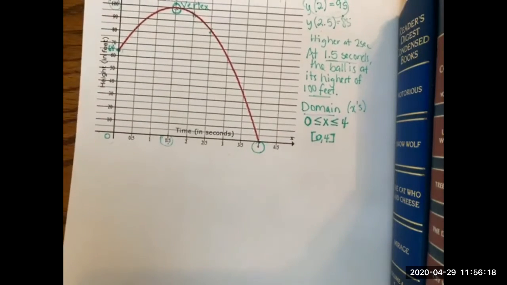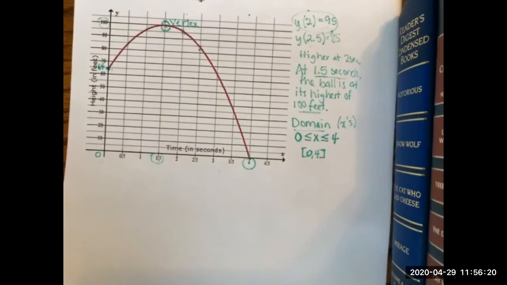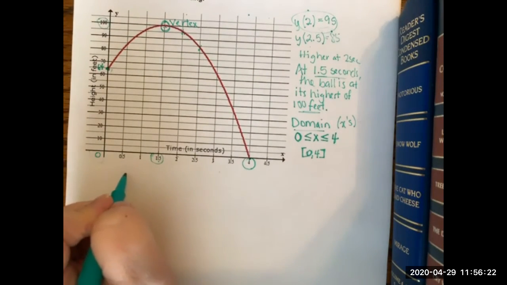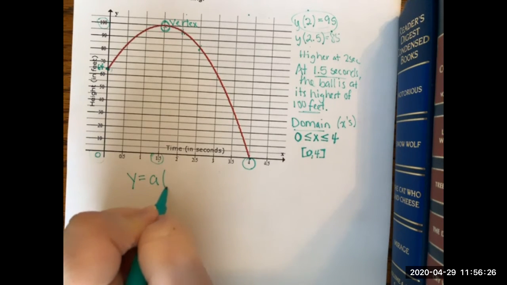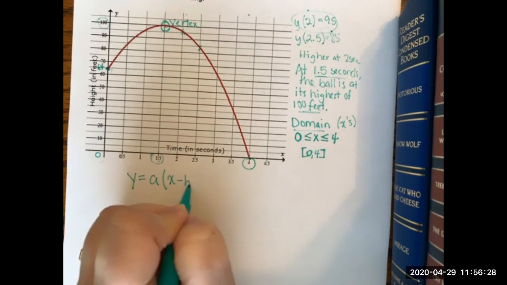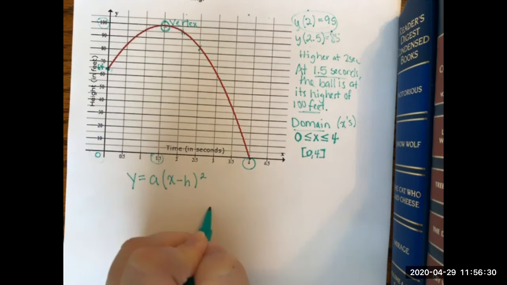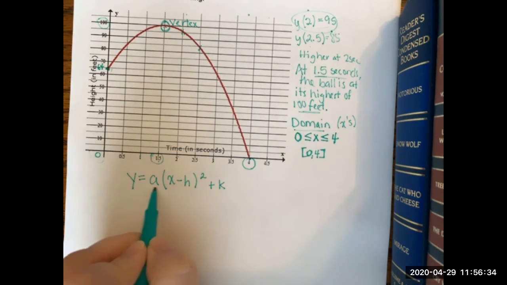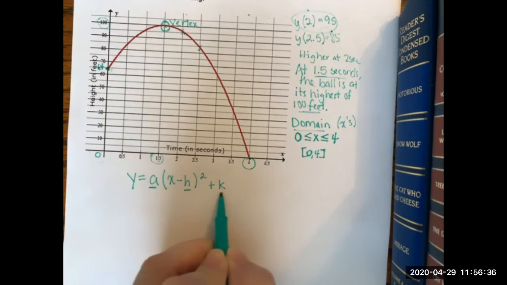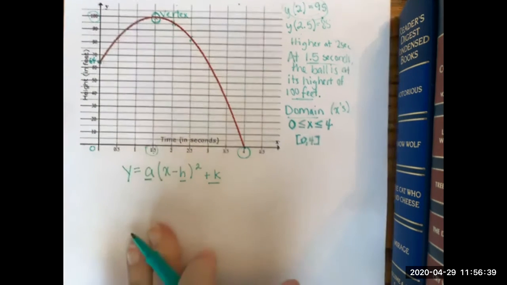Well, each of the equations that you're given is in vertex form. So let me remind you that vertex form is y is equal to a times x minus h quantity squared plus k. So we want to pay attention to our a, our h, and our k.